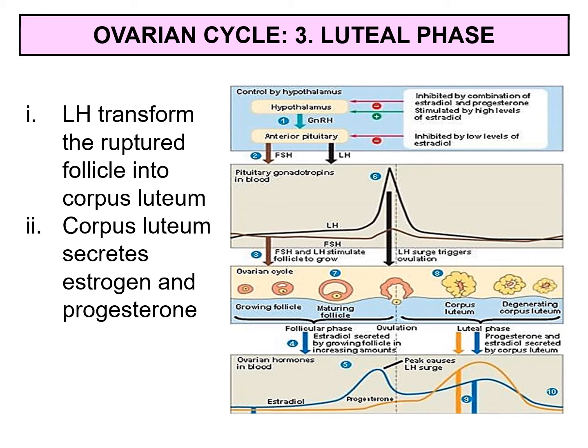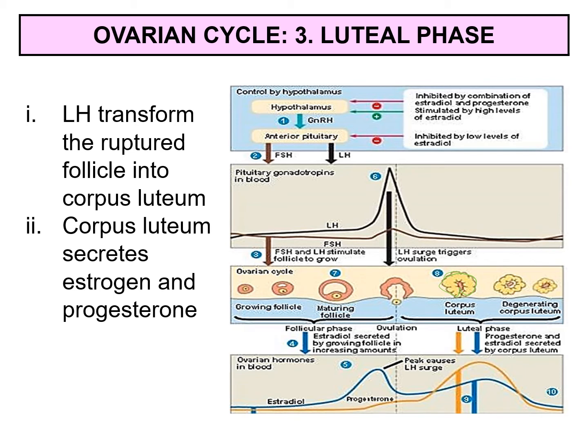Since the secondary oocyte has been released, the follicle will transform into the corpus luteum. Once the corpus luteum is formed, it will take over, because even before this, the follicle was secreting estrogen. So it will continue, only its name has become corpus luteum.